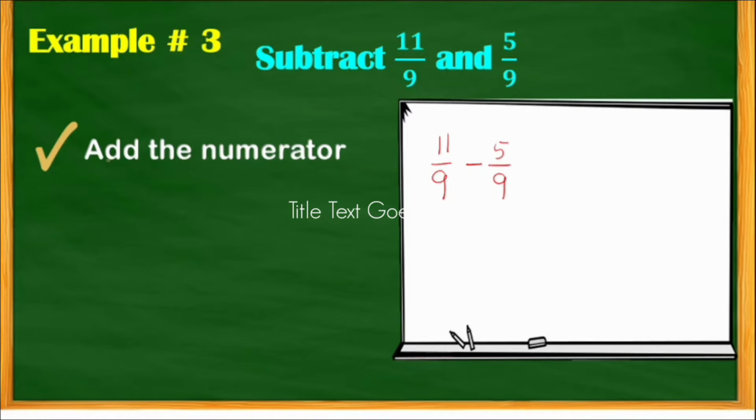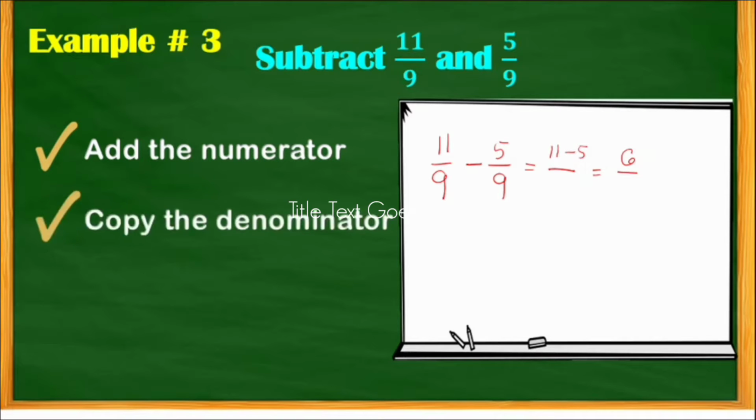Again, we're going to subtract the numerators because the operation is subtraction. 11 minus 5 is equal to what? 6. And then, copy the denominator. So, now, this will be our answer.